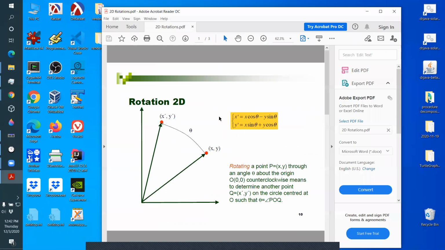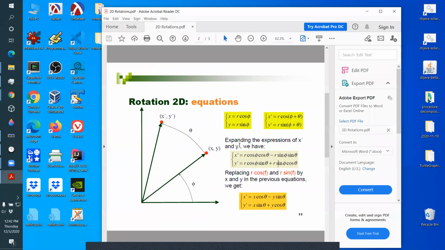All right, so that's a quick derivation of the formulas for rotating a point around the origin. Well, you might ask, what if I want to rotate somewhere else? Here we're rotating a point where the center of rotation is the origin. Turns out that there is no other kind of rotation.